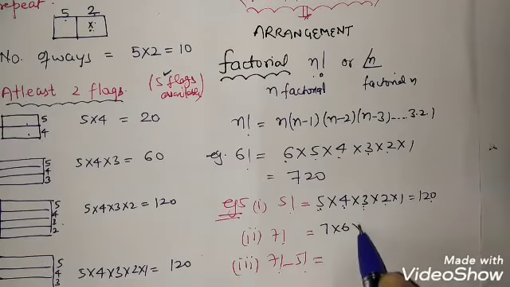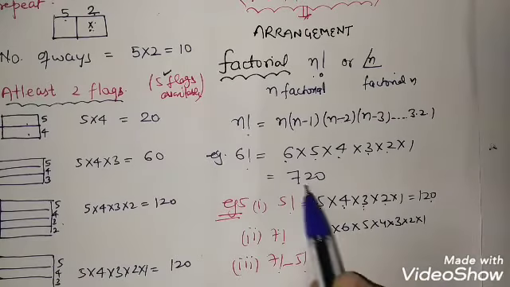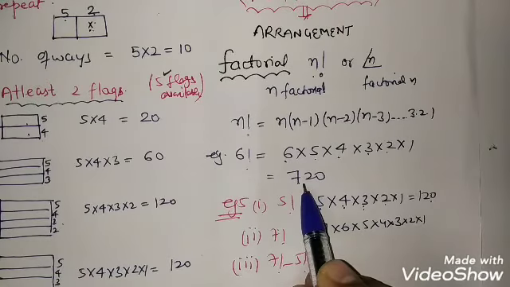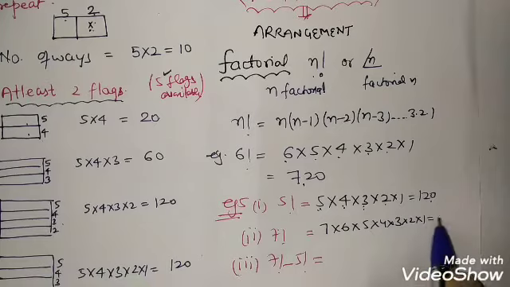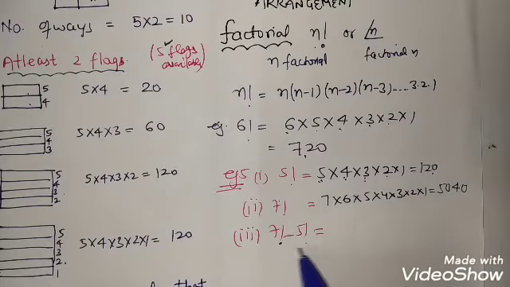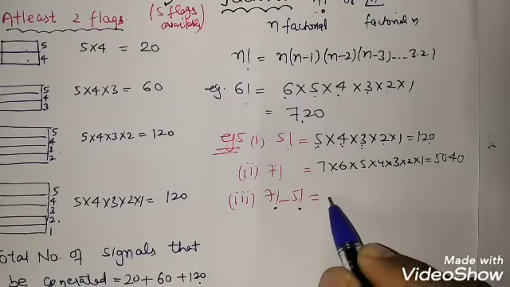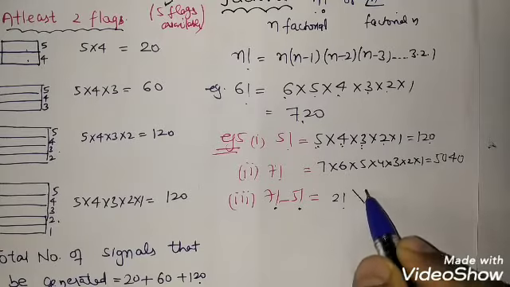And this is 7 into 6 into 5 into 4 into 3 into 2 into 1. So this is 7 factorial, 720 into 7. If you are multiplying 720 by 7, then this is 5040. Okay. 7 factorial minus 5 factorial. Some of you will do 7 factorial minus 5 factorial is equal to 2 factorial. That is quite wrong.